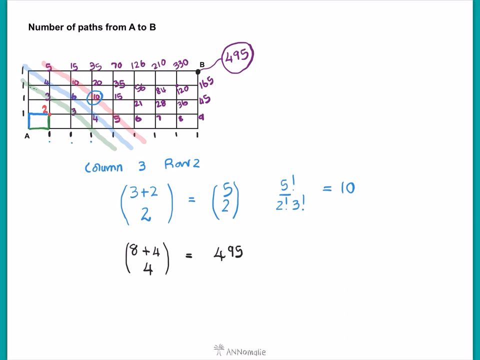So to conclude, why does this work so well? First of all, let's take this entry over here. We can see there's 6 ways to get to this point and 4 ways to get to this point. So if I add them, 6 plus 4, it results in the 10. Why is it linked to Pascal's triangle?